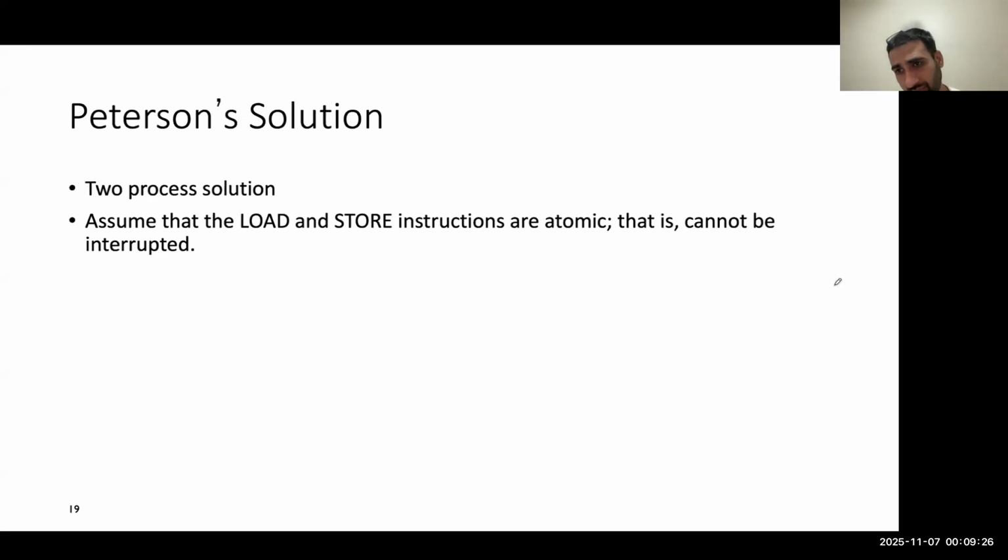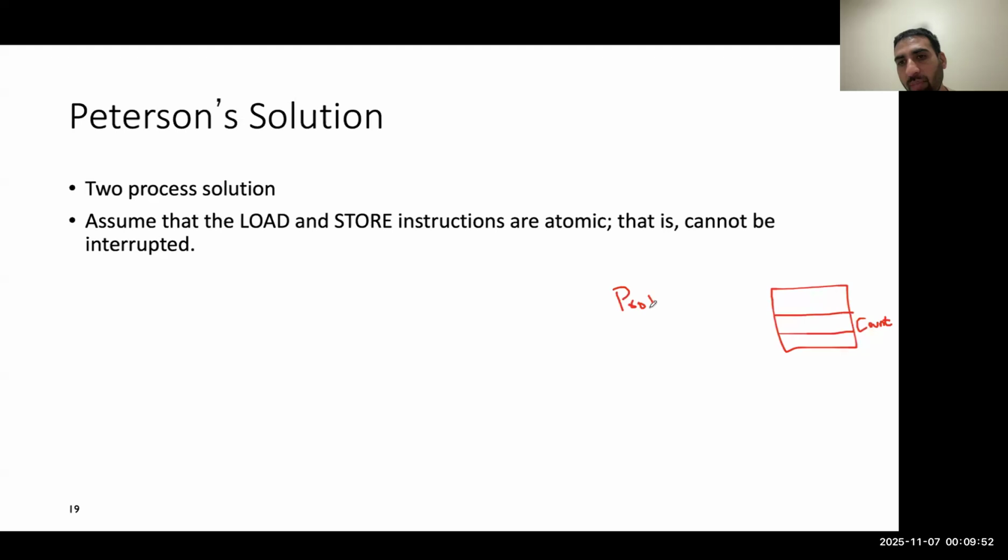Let's say this is your memory, and in the memory you have some particular location which, in the context of the producer-consumer problem, contains the variable count. Load and store instructions are atomic means, let's say both producer and consumer want to update the count.